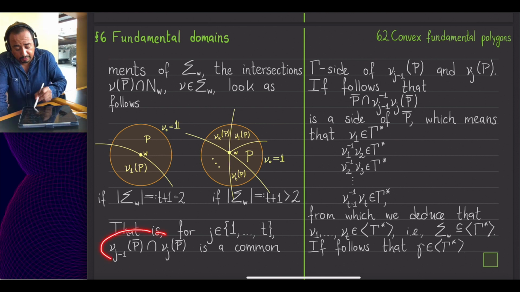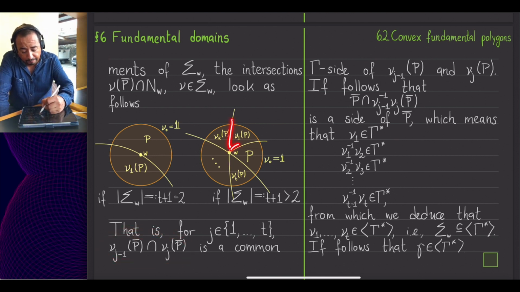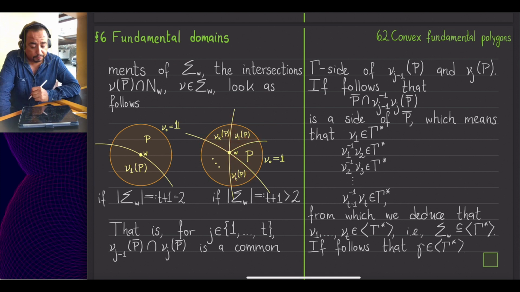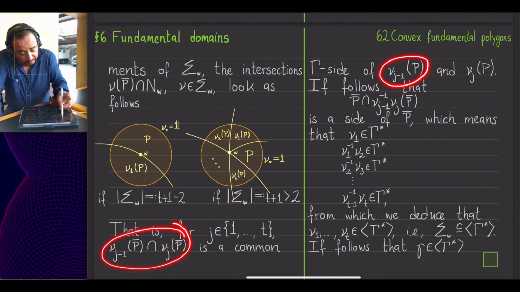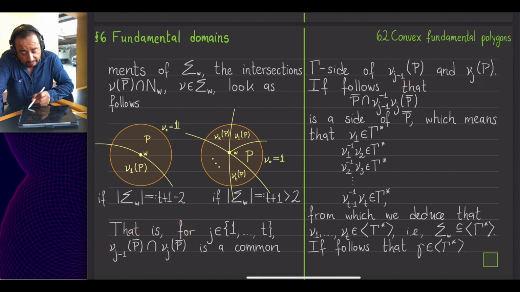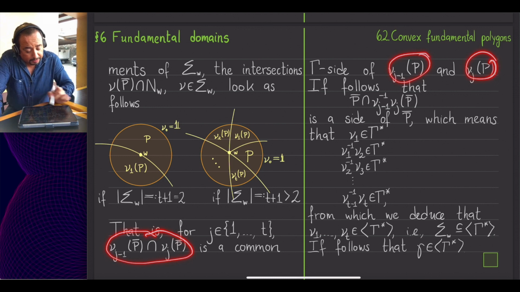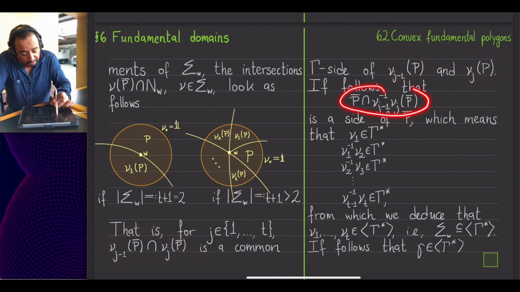So all these intersections are common sides of the consecutive copies of P. So this is a common side of nu j minus 1 of P and nu j of P. So when I apply nu j minus 1 inverse to this intersection, what I obtain is that P bar intersected with nu j minus 1 inverse nu j of P bar is a side of P. Right?